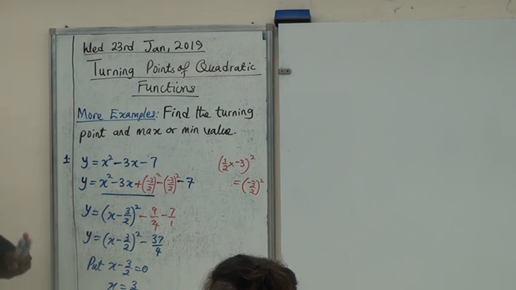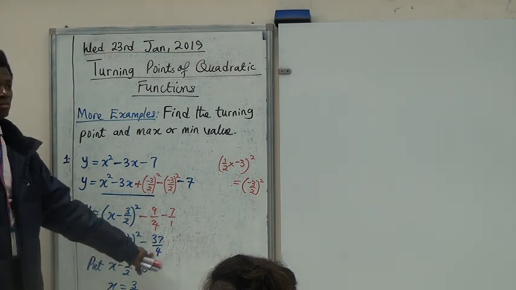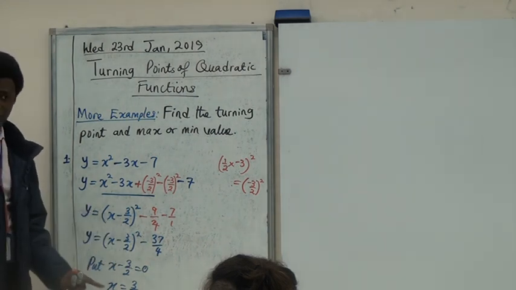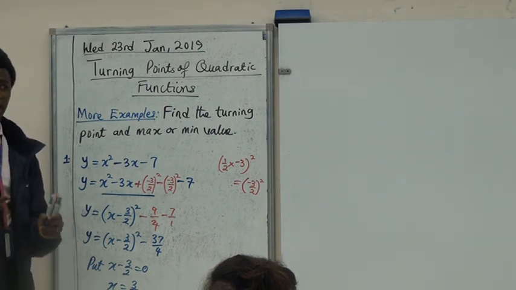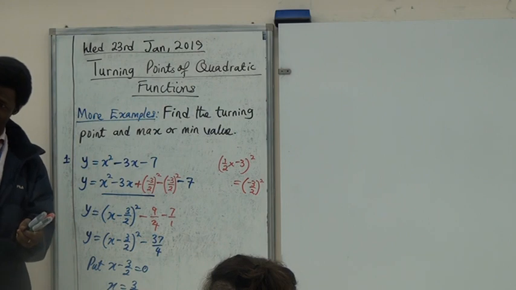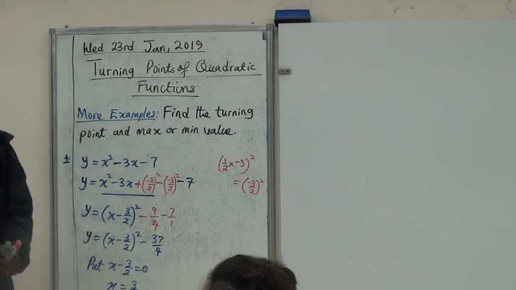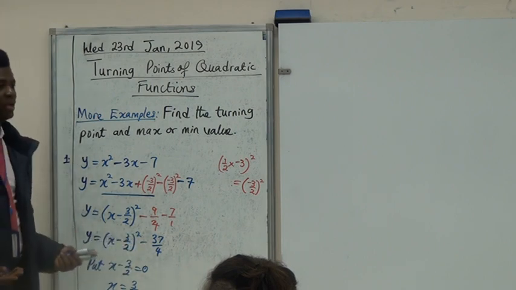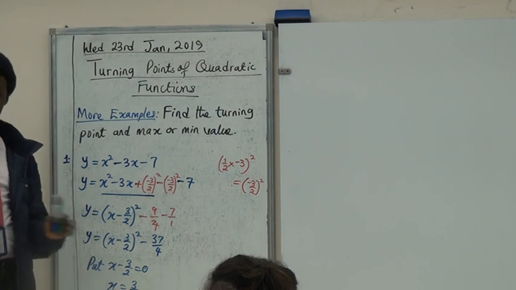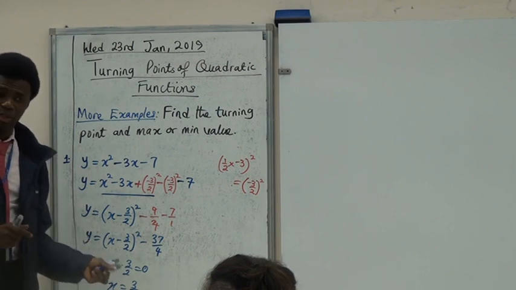If the question is find the value of y at which it turns, you just pick this one, nothing more. But if the question asks for the coordinates of the point, that is when you bring them together. If the question talks about the value, you pick the y value. Any question? Everybody understand?